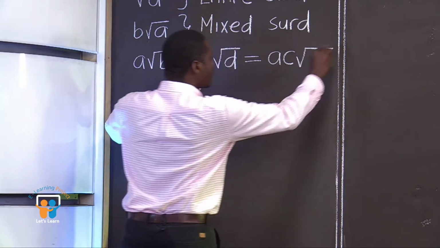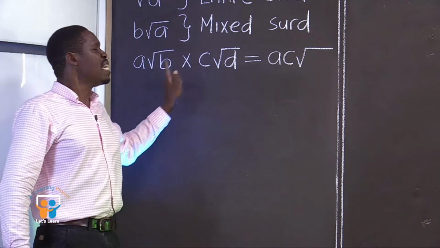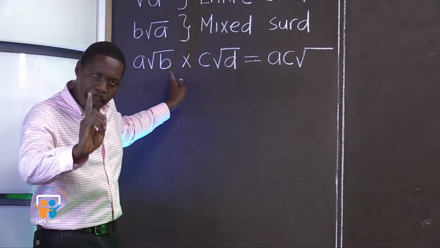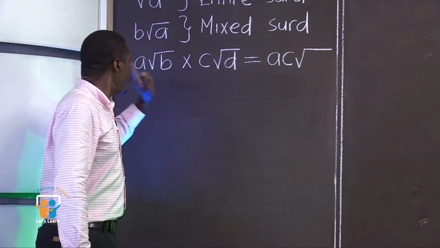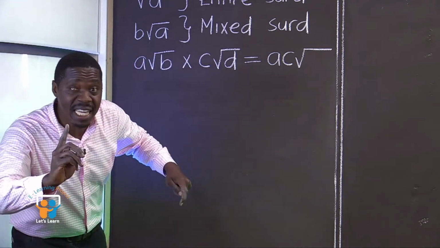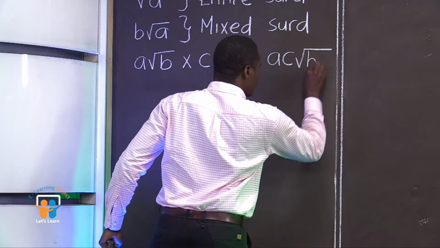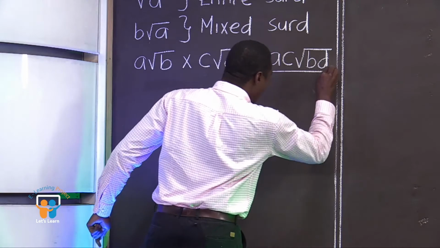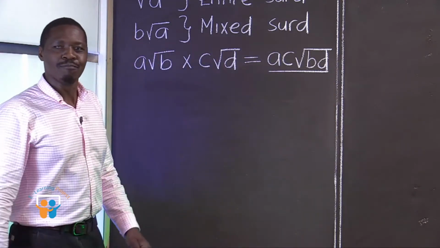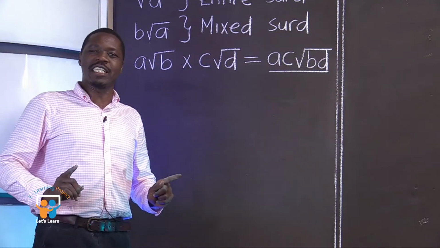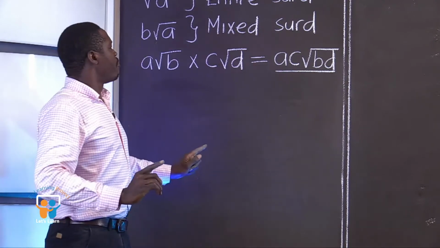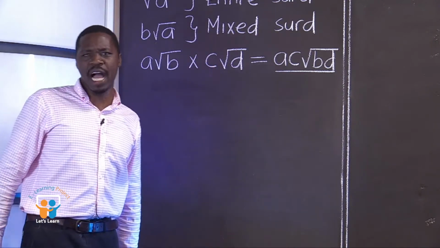And then the numbers under the square root are also multiplied to give you b times d, which is bd. Now I have my bd, and that becomes my final answer. No frustration, no stress, no coronavirus. That is the answer that we have.